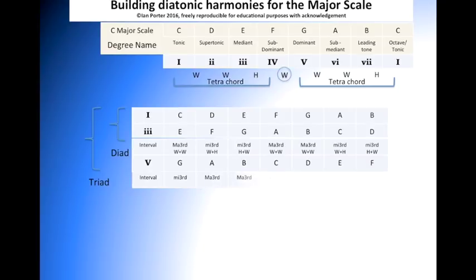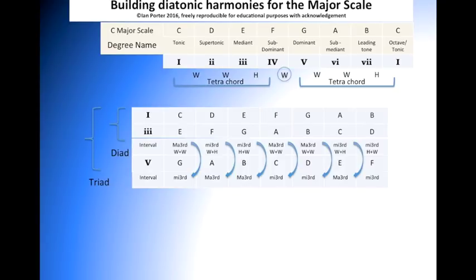You can see there's a minor third, a major third, a major third, a minor third, a minor third, a major third, and a minor third. That's really interesting because that's kind of the opposite of what we just had, except for the 7th degree. So the major's flipped to minor, and the minor's flipped to major. Now that really doesn't mean a lot, but it is an interesting observation.